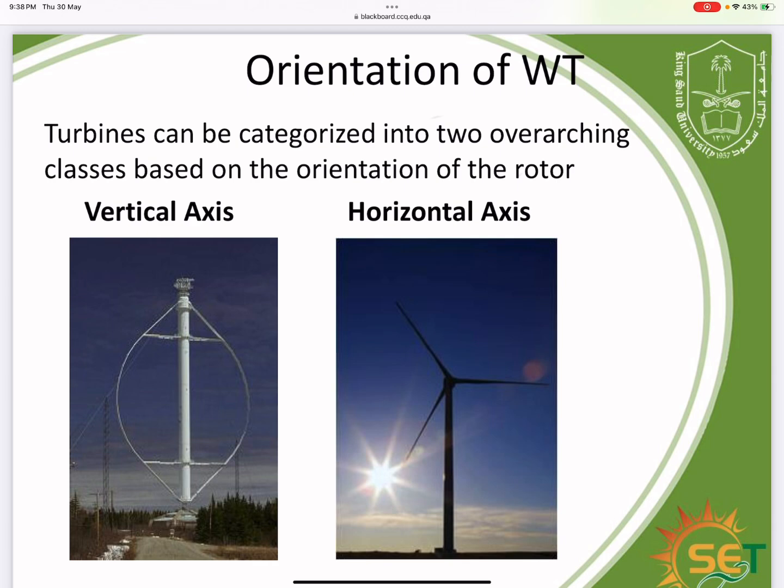Actually, the horizontal axis wind turbines are generally the preferred choice for large-scale wind farms and commercial power generation due to their higher efficiency and technology. They are best suited for areas with consistent strong winds, but the vertical ones are chosen for smaller scale applications and areas with turbulent or variable winds.